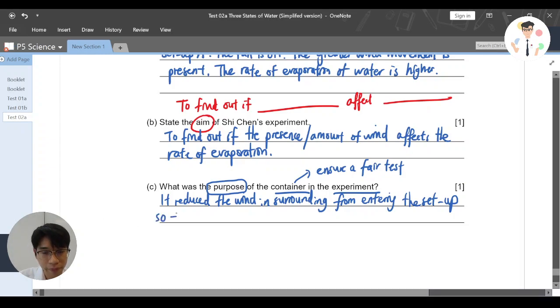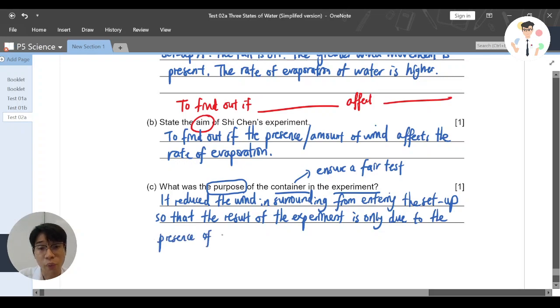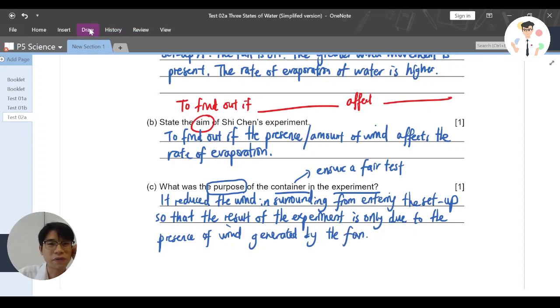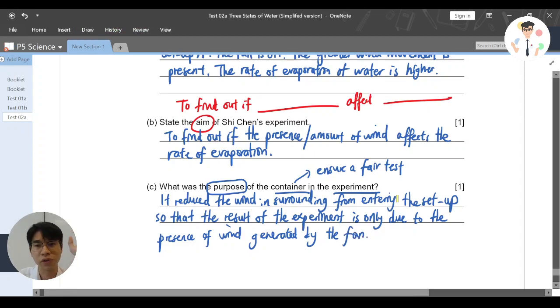So that again, the result of the experiment is only due to the presence of wind generated by the fan.